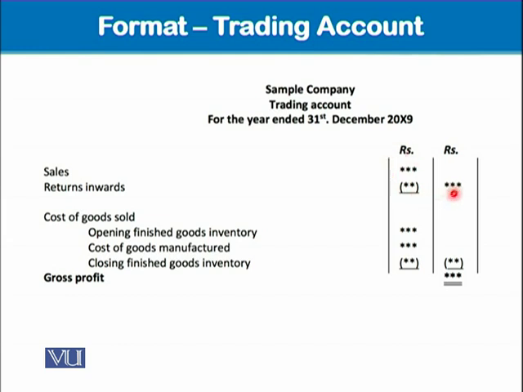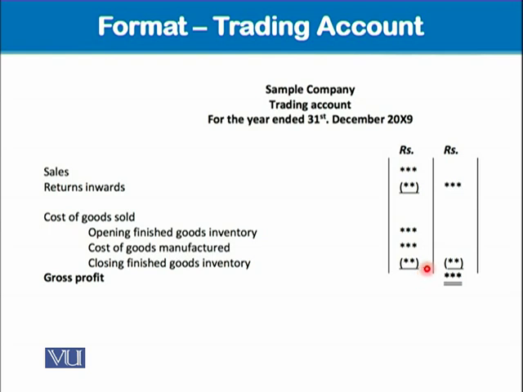This is something we have already practiced in the income statements of other organizations, which were trading entities. The formula is almost the same: opening inventory plus purchases minus closing inventory. This was something we used to do in trading entities. Now opening inventory is opening finished goods inventory, purchases is cost of goods manufactured, and closing inventory is closing finished goods inventory.